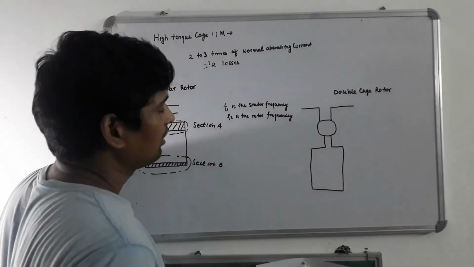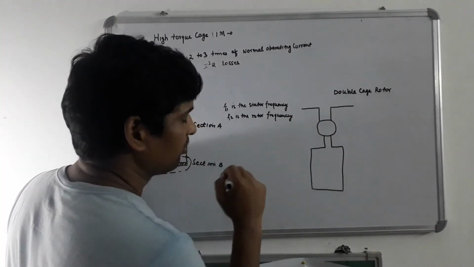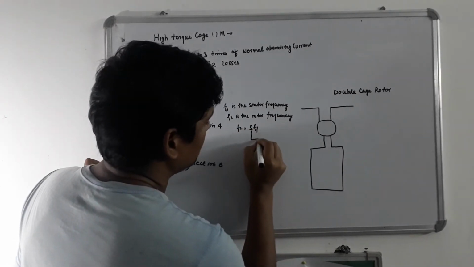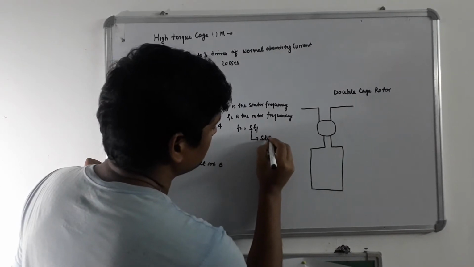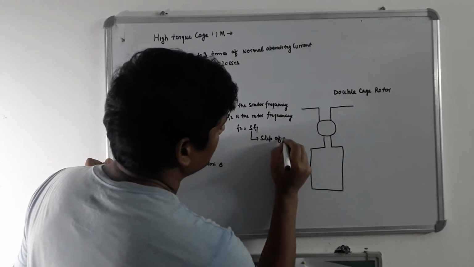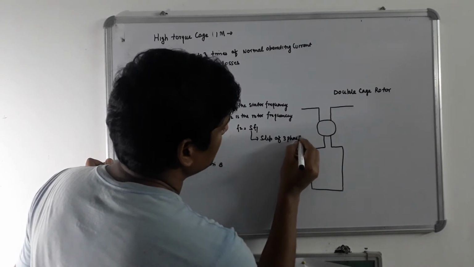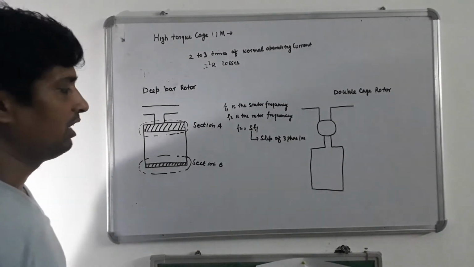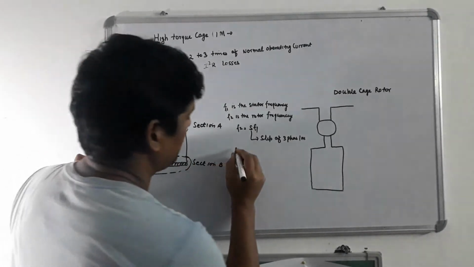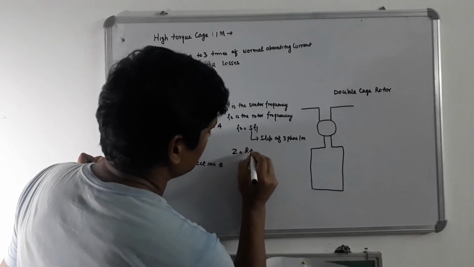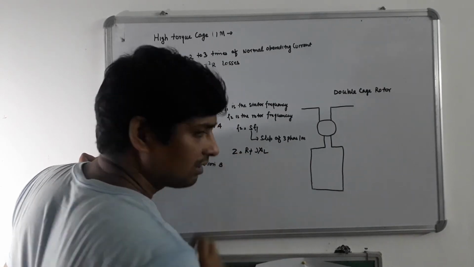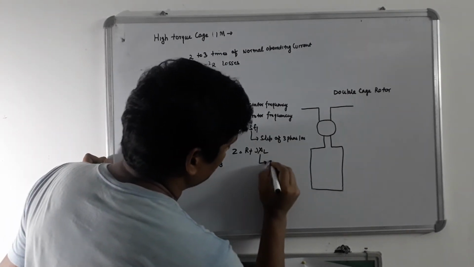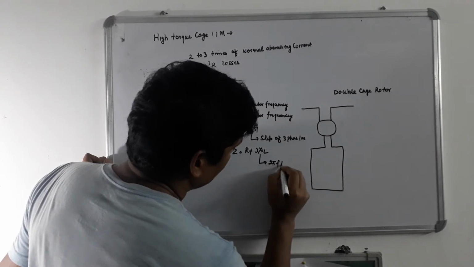As we know, F2 is equal to S F1, where S is the slip of the three-phase induction motor. After that I will discuss the impedance of the rotor circuit. Z is equal to R plus jX, and X can be represented as 2 pi F L.